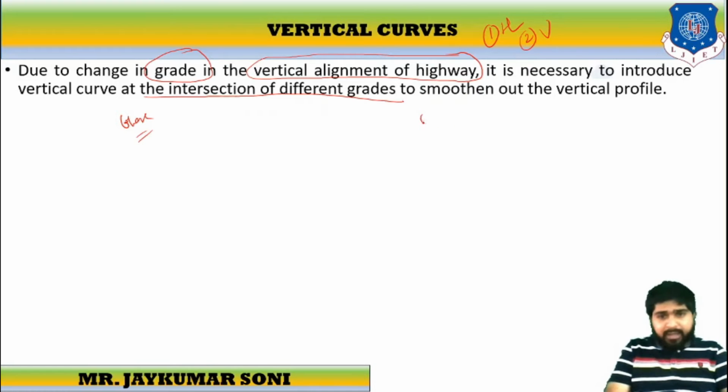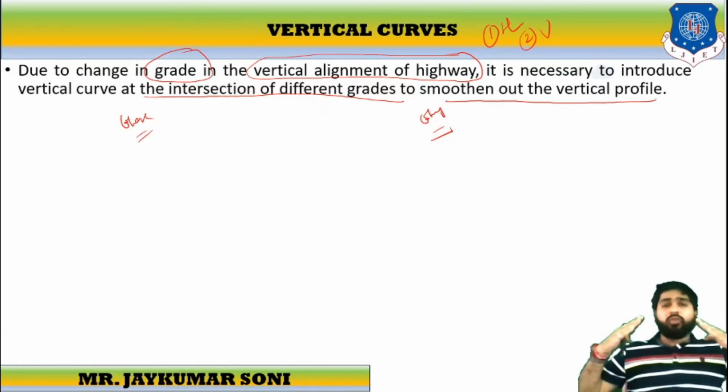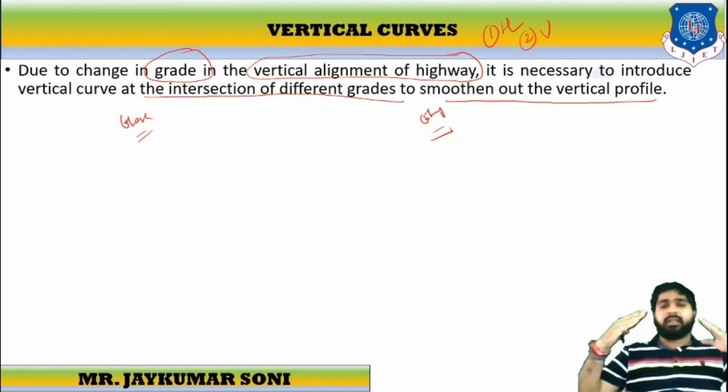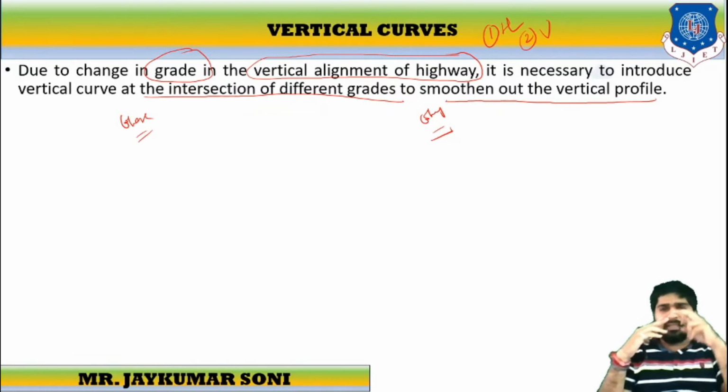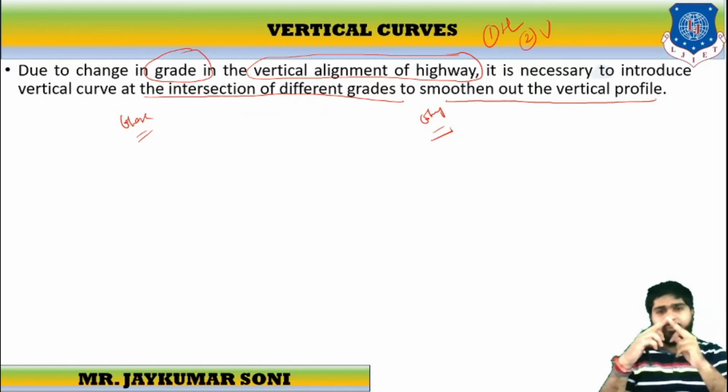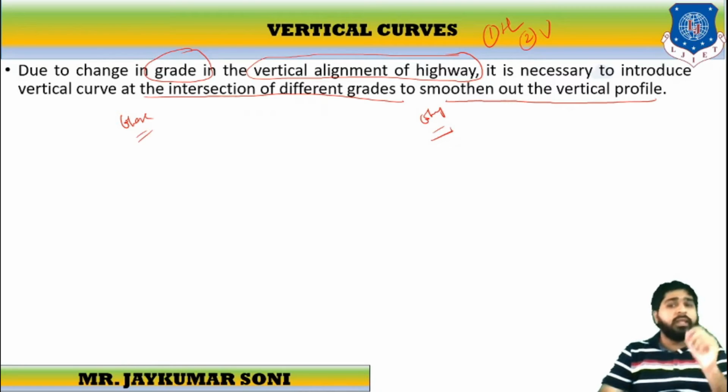Now, why is it required to be provided? So, they are provided to smoothen out the vertical profile. See, when two vertical grades are meeting, then at this intersection point, we have to smoothen out this profile. So to smoothen out this vertical profile, vertical curves are provided.